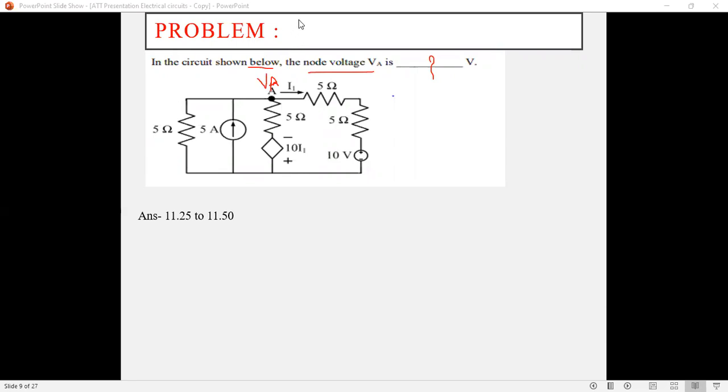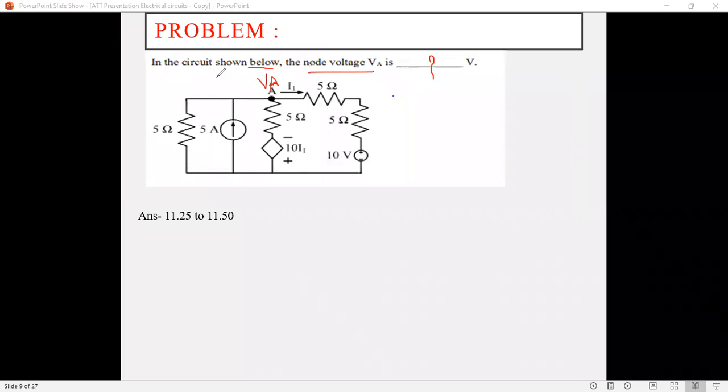Can I solve it? Please give me a reply. Okay, I think some students are solving and giving answers. So 11.42 is also a correct answer. Now see, we will solve it here.